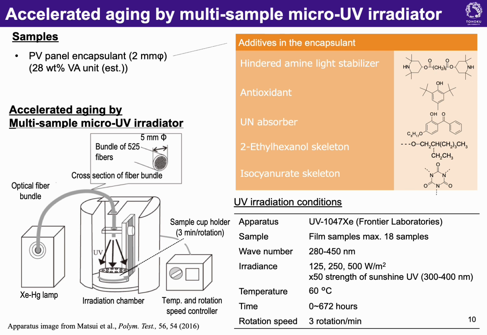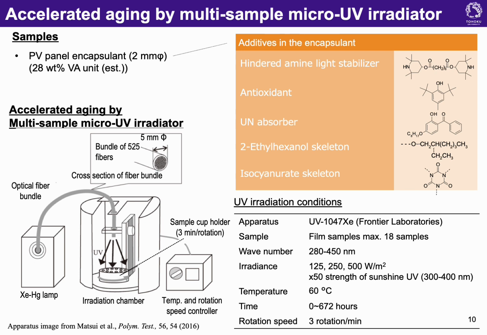Firstly, samples of 2 mm diameter were collected from the commercial encapsulant sheet for PV modules using a micropuncher. The 18 films of 2 mm diameter were placed in the multi-sample micro-UV irradiator developed by Frontier Laboratories.